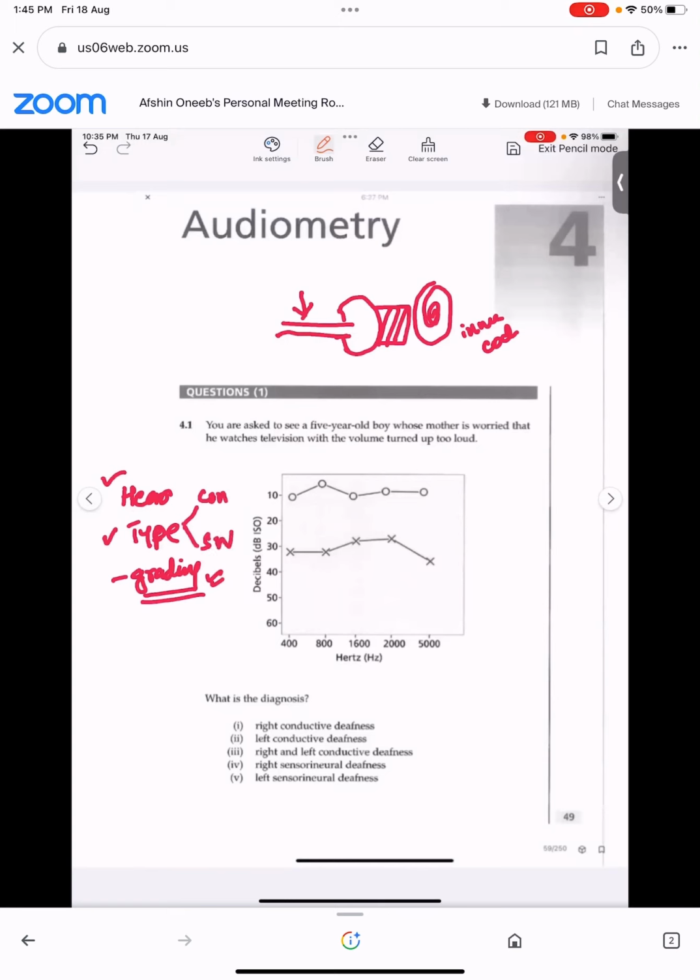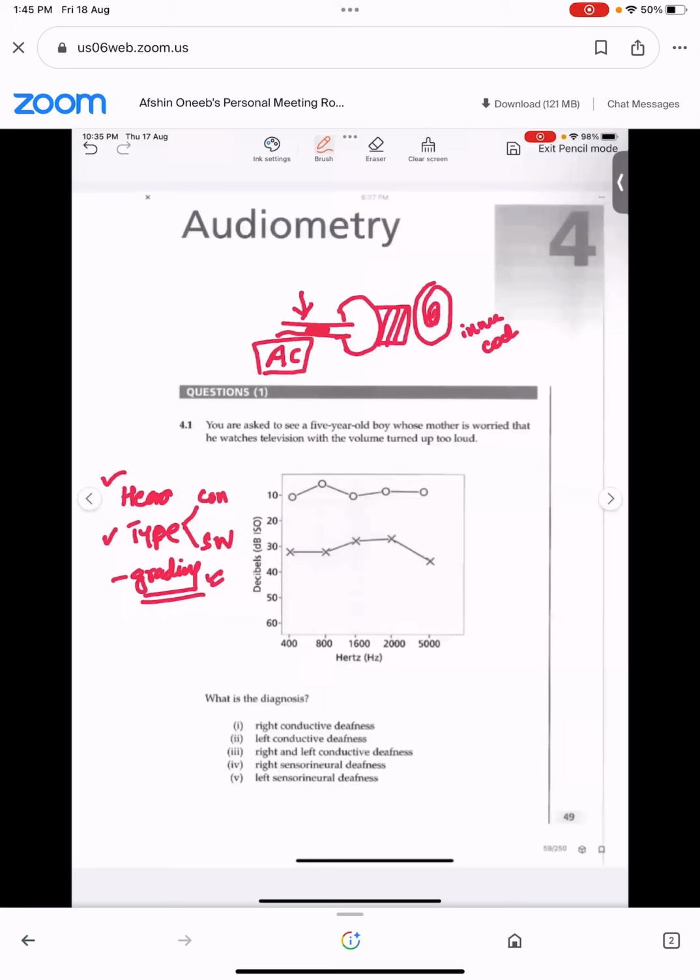Now, why have I made this diagram of the external ear, middle ear, and inner ear? This is because we can determine the function of the ear by this audiogram. If you have some conductive problem, then in the audiogram we will have malfunctioning of the air conduction.